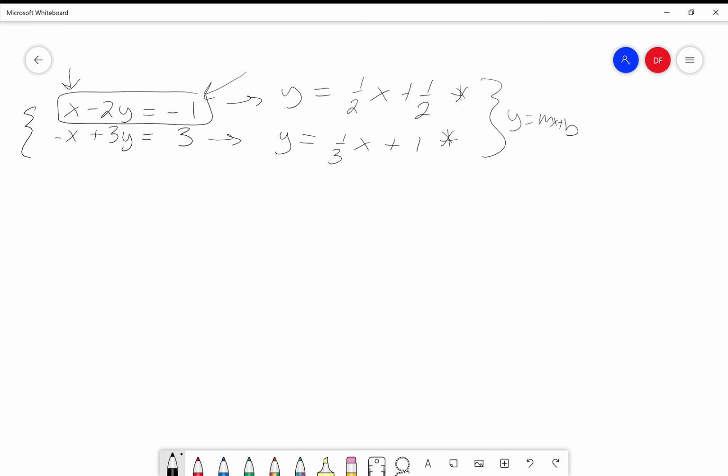So let's go ahead and graph both of these lines and see what it means for this system to have a solution.